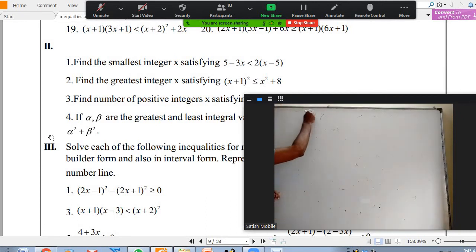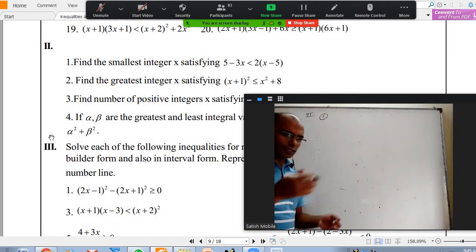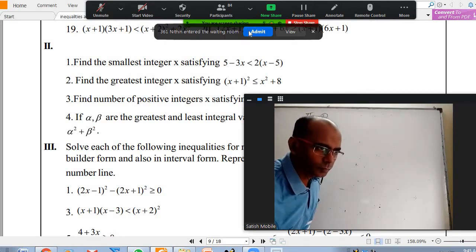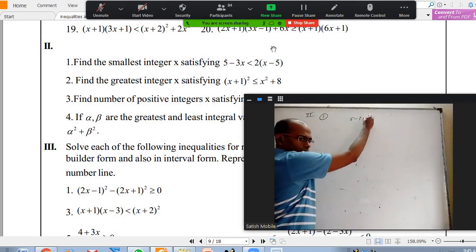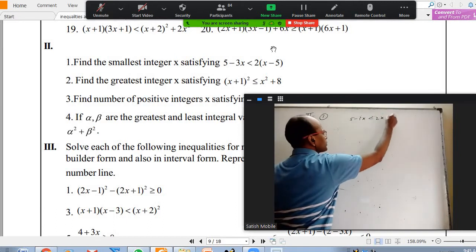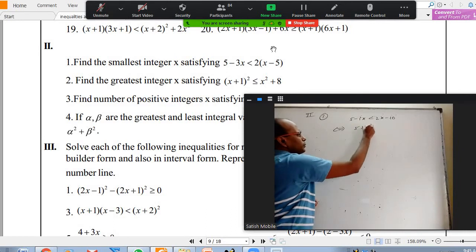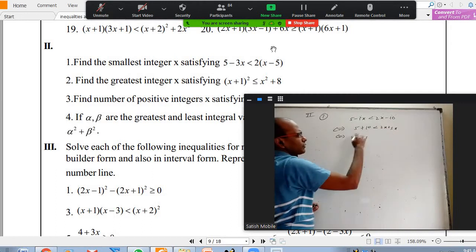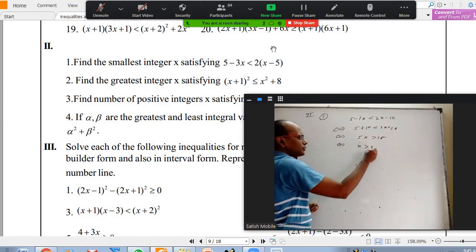Okay, section 2, that first question. Here they don't want the solution set. We'll find the solution set and after that we'll read the rest of the question. They want the smallest integer, greatest integer, all that. Okay, so 5 minus 3x less than 2x minus 10. I can send 3x to that side and this side. 5 plus 10 is less than 2x plus 3x, which is 5x greater than 15, which is x greater than 3.